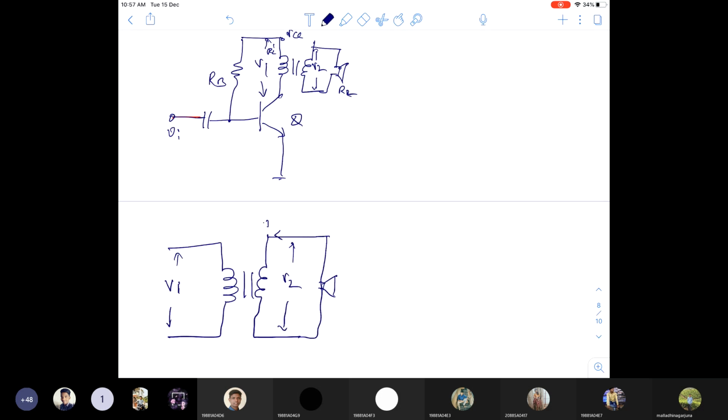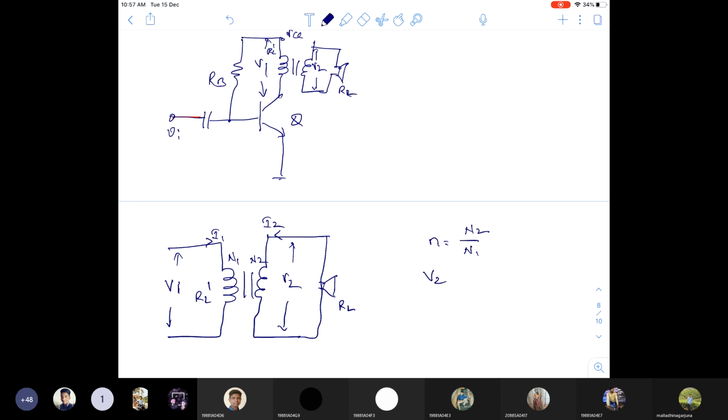This is I2 current. This is I1 current. Right. This is the RL load resistance. Here it is RL dash. Okay, so I hope you know the relationship of the turns ratio. So this is N1 and this is N2. The turns ratio N is equal to N2 by N1.